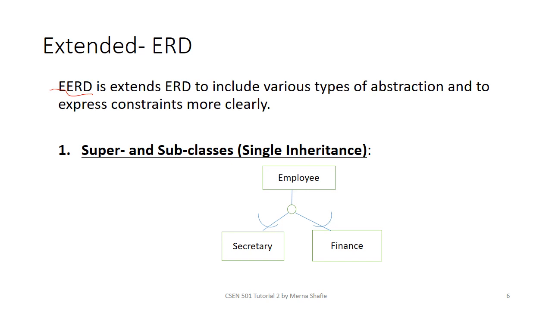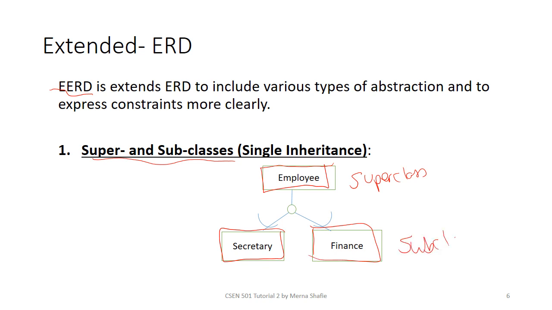So they added the idea of super and subclasses, which is single inheritance. That means I have an entity like this, which is the superclass, and I have different and other entities that are subclasses. If we recall from Java, what was the idea of a superclass and a subclass?